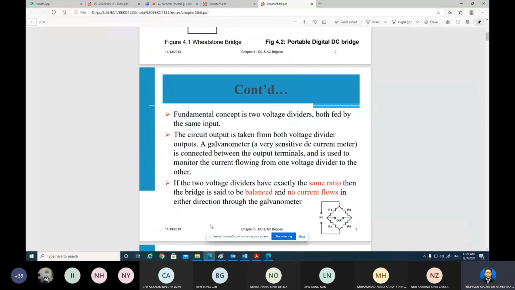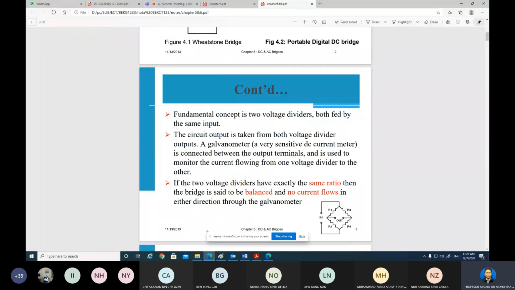The fundamental concept is two voltage dividers, both fed by the same input. This is the Wheatstone bridge; the input is the same, and this is the output, where we put the galvanometer.